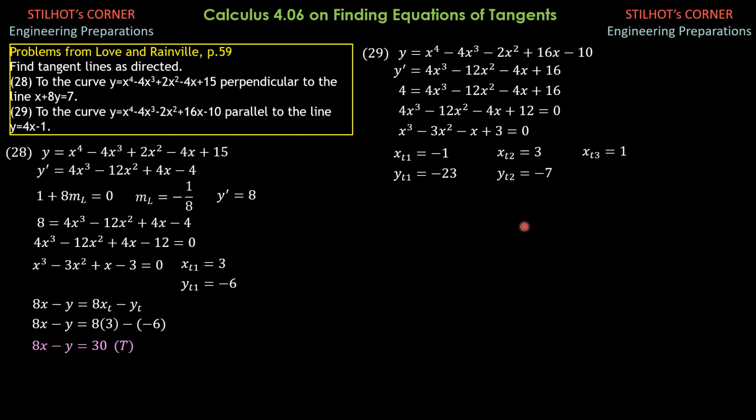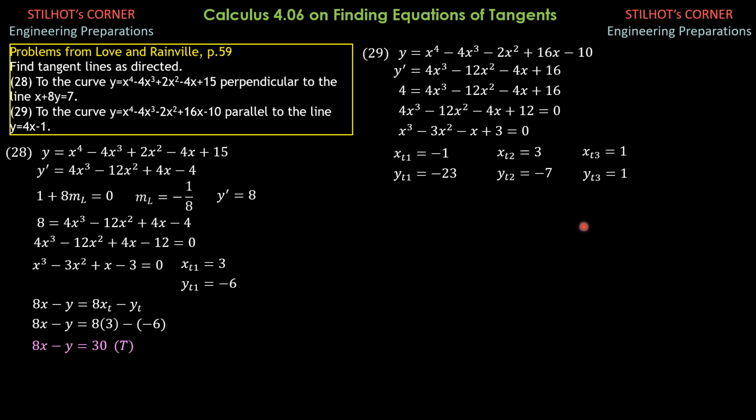And when the root is 1, y_t3 is equal to 1 also. 1 minus 4, so negative 3, minus 2, negative 5, plus 16, 11, minus 10, 1.